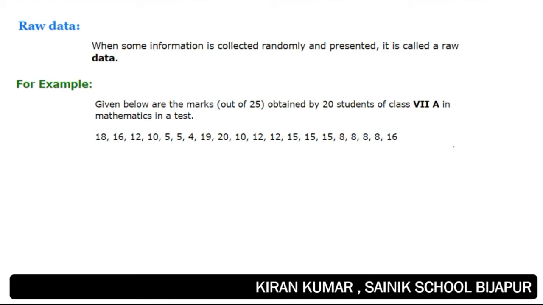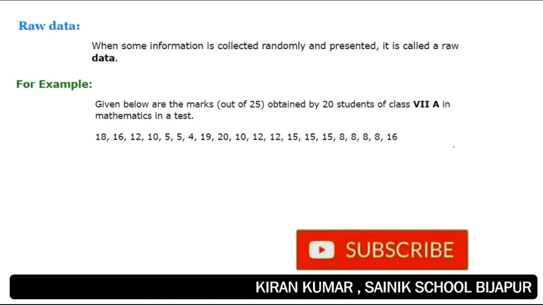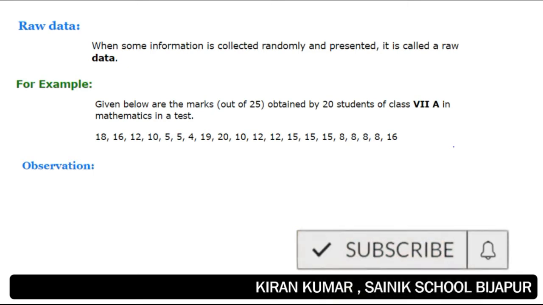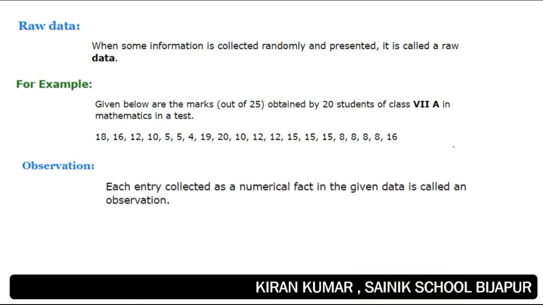These marks are just written at random. So this particular data is raw data. This data is also called observation. Each entry collected as a numerical fact in the given data is called an observation.